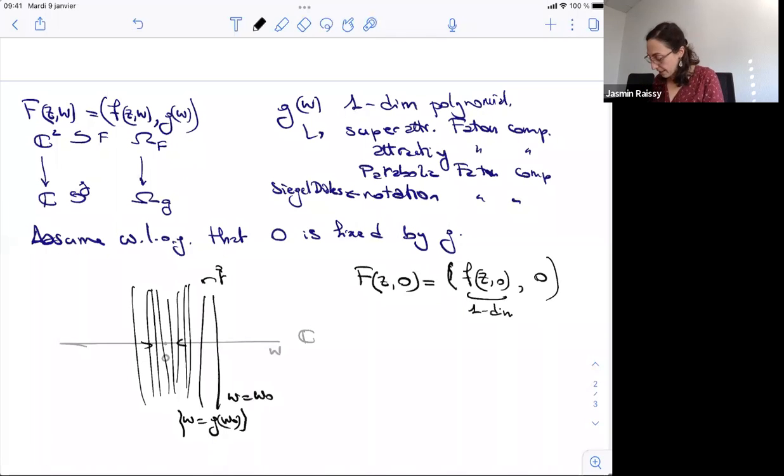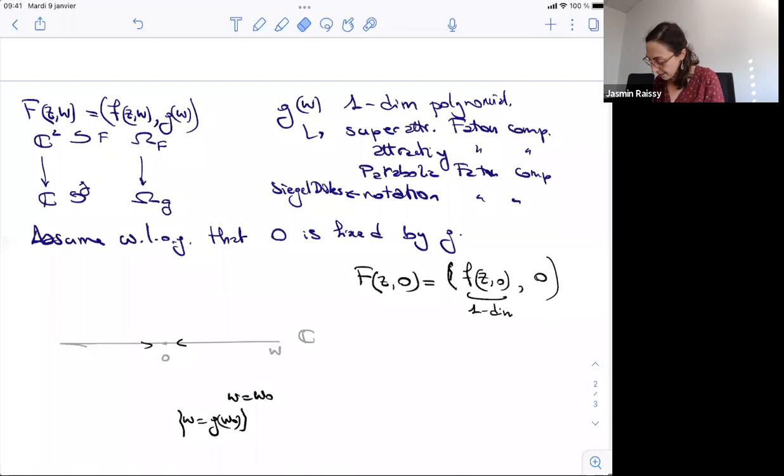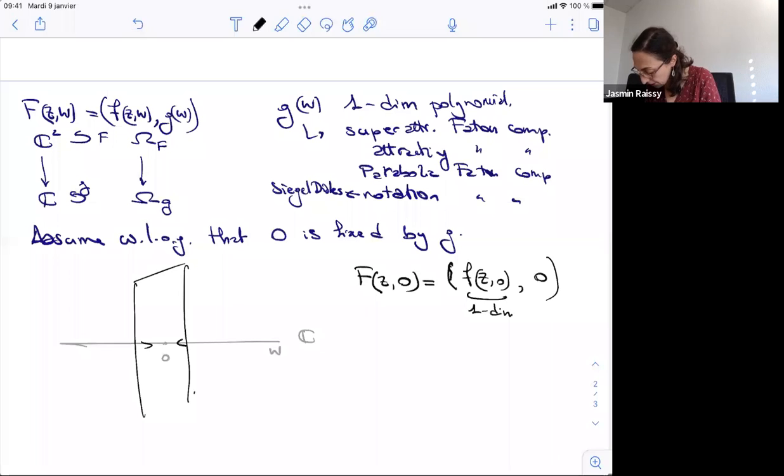And now I have this special fiber, so let me erase all of this. I can ask, in here I have a one-dimensional action, so let me call this f naught. In here I have a one-dimensional action again of a polynomial in C, so this is w equal to 0.